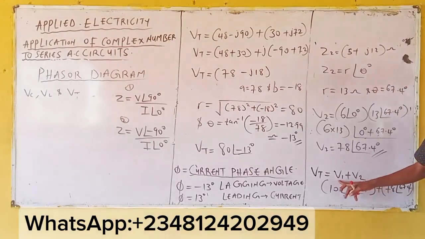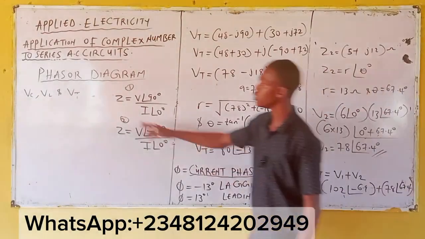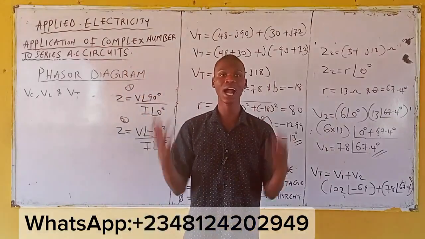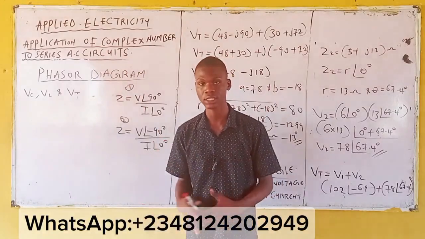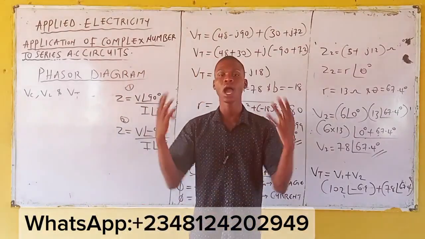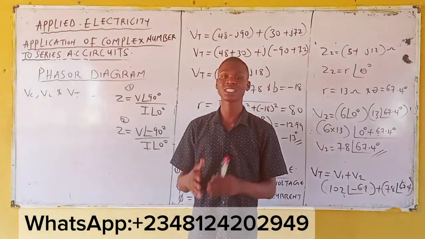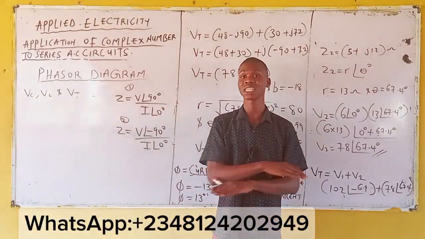This V1 is for your capacitor, while V2 is for your inductor. So this is what you'll be using to draw your Phasor diagram. Now, recall, from the Argand diagram, you have your imaginary part and your real part, right? Basically, your imaginary part takes the y-axis, then your real part takes the x-axis.